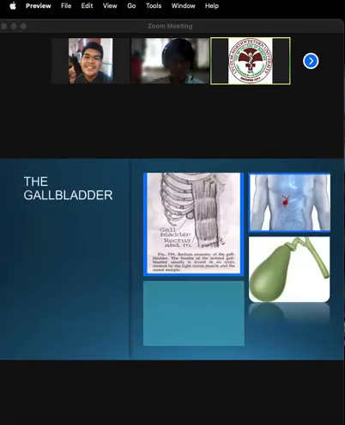So, the gallbladder. The gallbladder is generally located along the inferior surface of the liver, at least in segment 4 of the liver. It is pear-shaped and about 7 to 10 centimeters long.